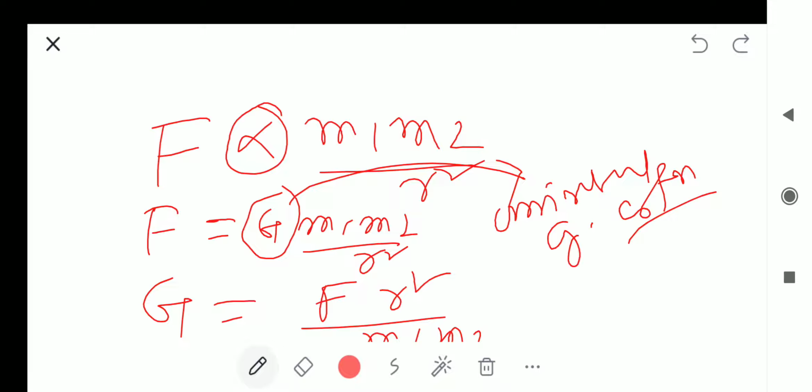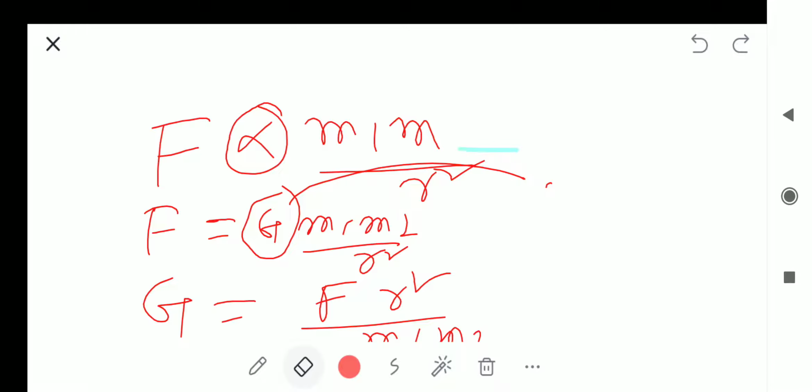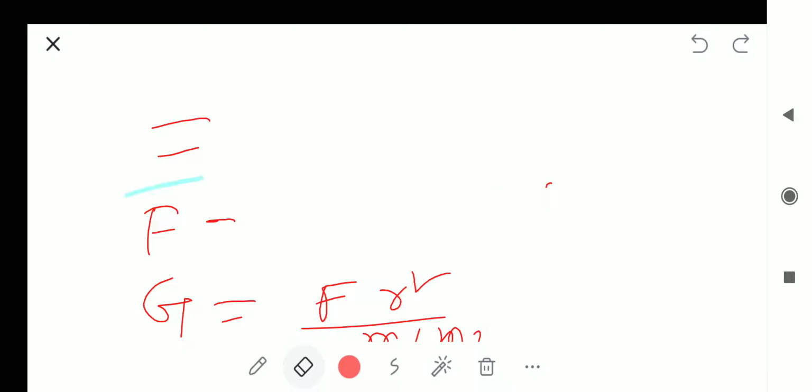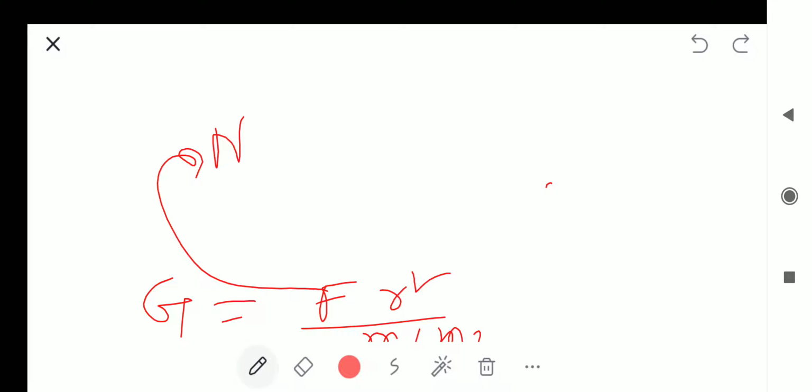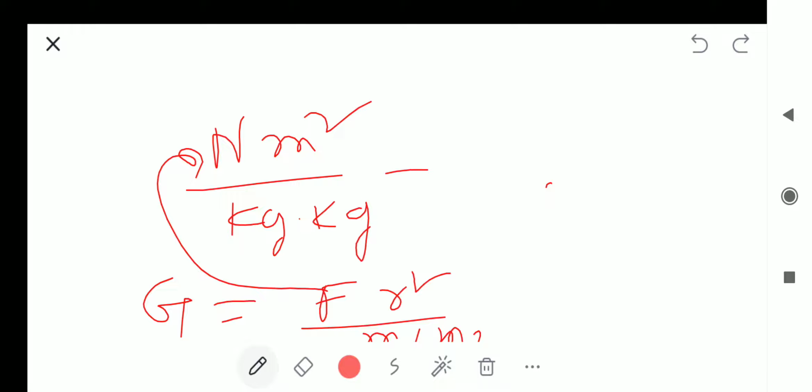The unit of F in SI is Newton, the distance unit is meter, so r square is meter square, and the mass unit is kg into kg, so Newton meter square by kg square.